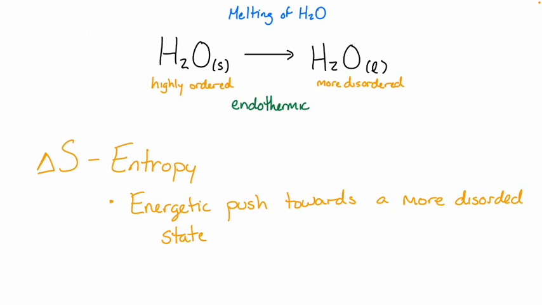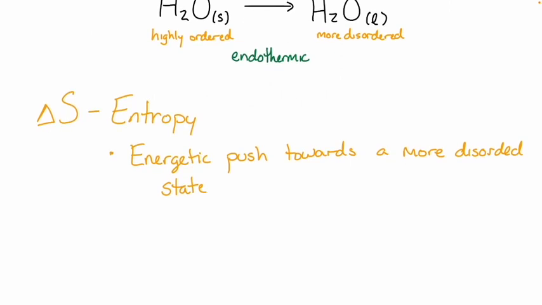Which I know sounds really weird and something that you just kind of got to wrap your head around, but the universe is constantly pushing us towards a more disordered state. Okay? It's bizarre, but for every chemical reaction, you can literally go in and measure an energetic contribution to just how much disorder that reaction creates. Okay? And again, we call that entropy.